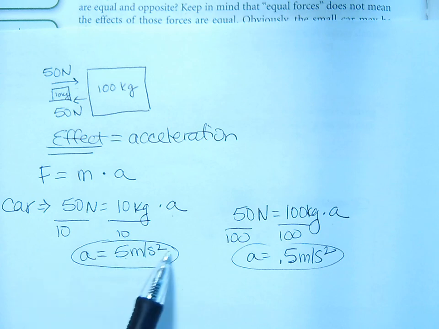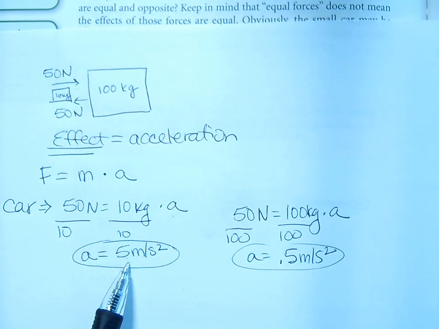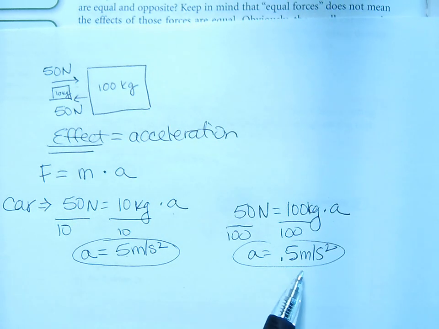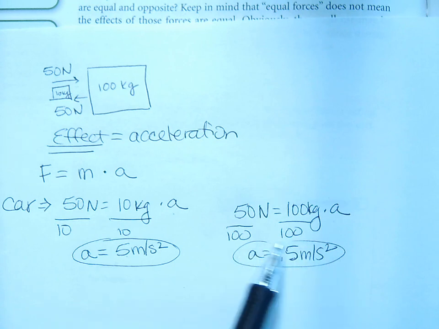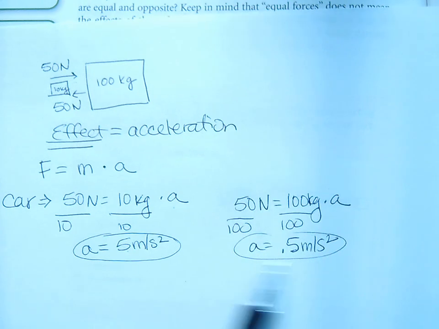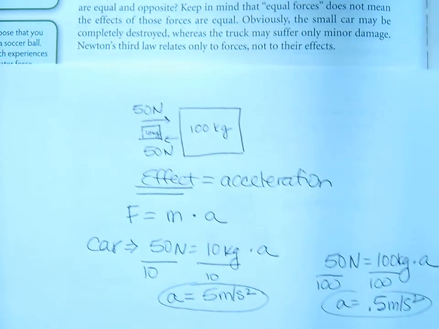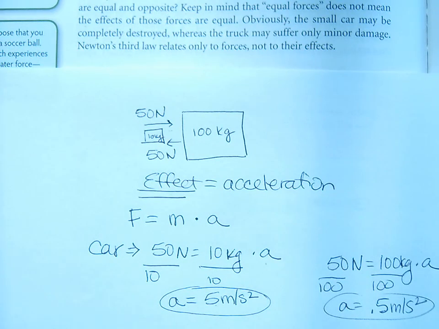So big car hitting little car means the little car is either going to get crunched up and or tossed aside, moved in some direction at a rate of 5 meters per second squared. The big car is barely going to feel that. Half a meter per second squared. So maybe there'll be a little dent, or maybe it'll just scooch over on the road a little bit, but it won't be nearly the effect that same force would be on the smaller vehicle.